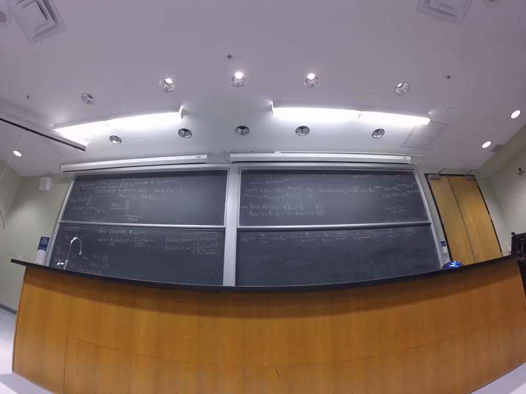Anybody else? All right. So this is the real part. This is the imaginary. So now we can immediately write that the magnitude of G1 of iω is going to be the square root of the real part squared plus the imaginary part squared.